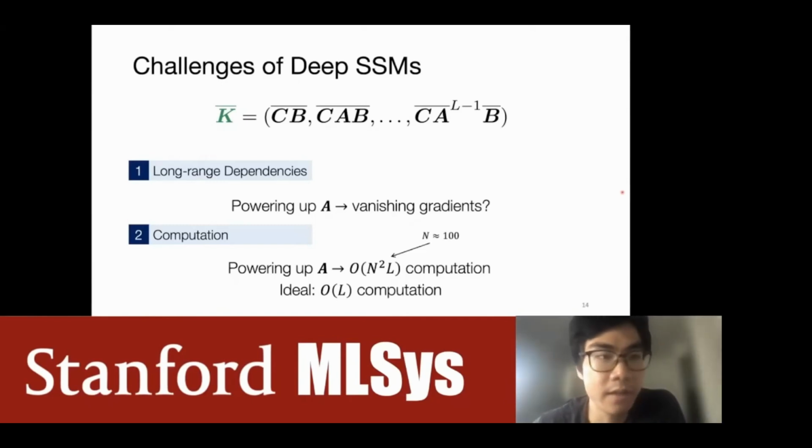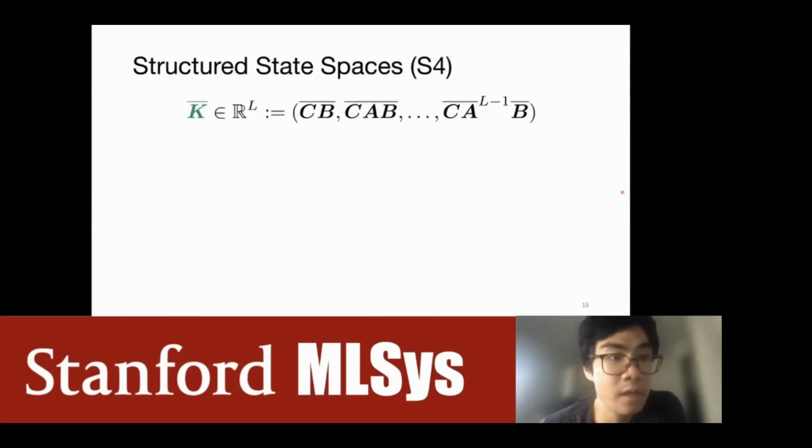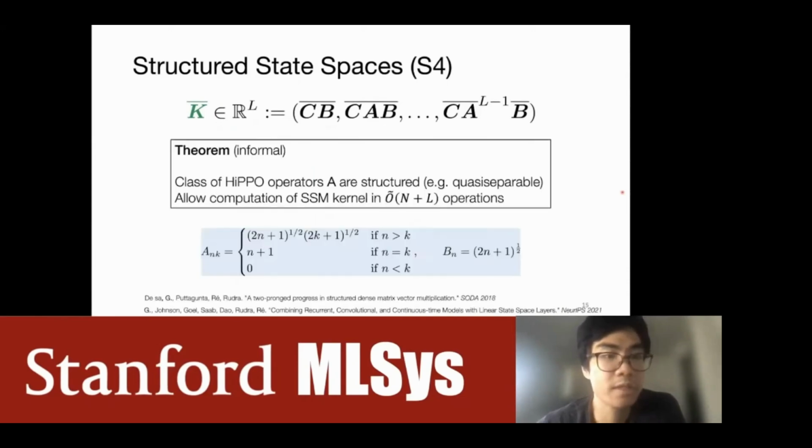We think of our state size in general as being on the order of 100 or so, and so this is significantly slower than what you want. It makes it basically unable to train if you use the naive way to compute this. So to get around this, the structured state space model adds some extra structure.